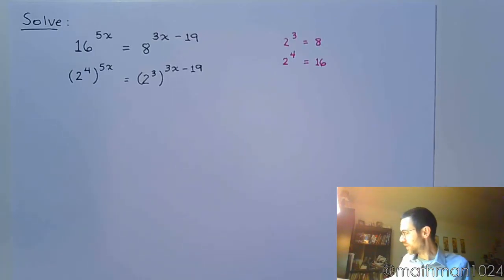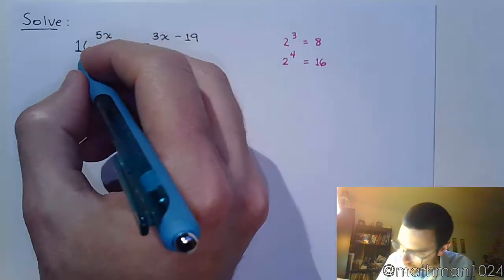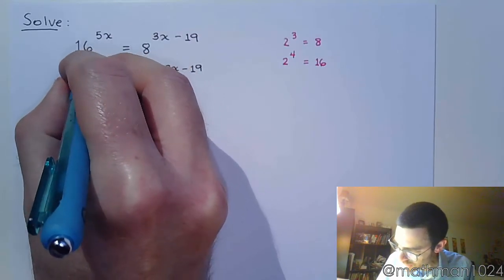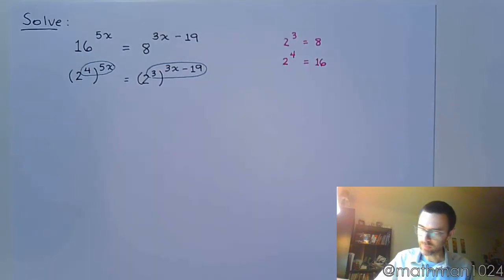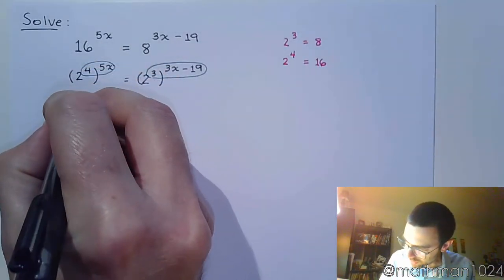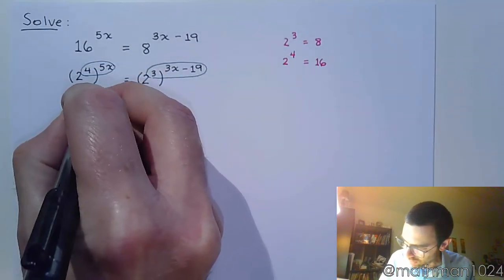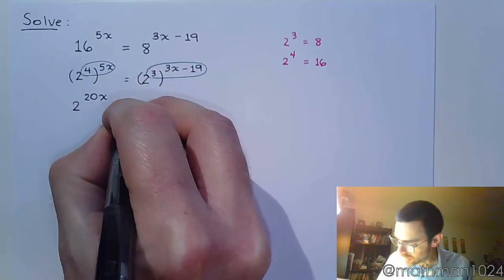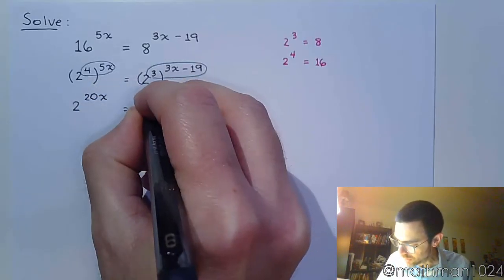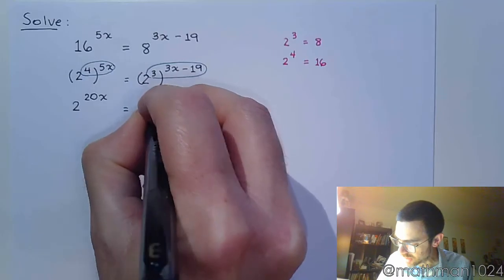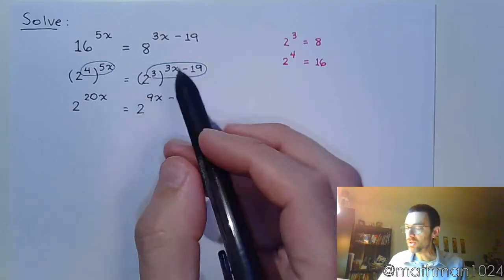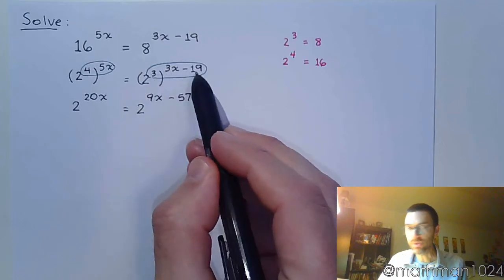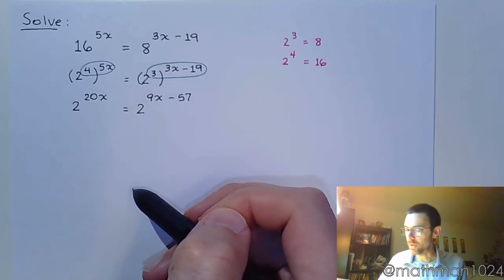And as we have seen previously, when you have powers to powers, these are going to multiply. And so we now have 2 raised to the 20x equals 2 raised to the 9x minus 57. Make sure that this power of 3 distributes to the other power up there.